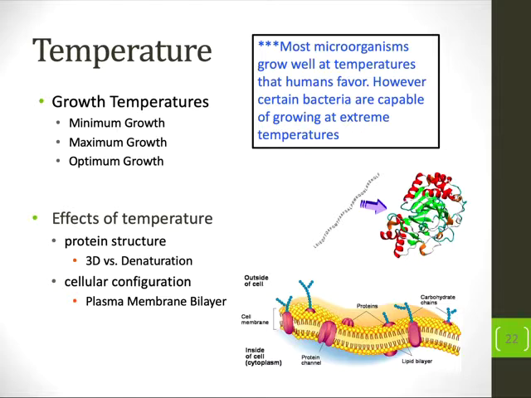Now, if temperature is too high, it denatures the 3D nature of the protein, and therefore renders the protein dysfunctional. Then you have, in terms of temperature as well, an effect of temperature on the plasma membrane. Remember, the plasma membrane has a triglycerol, so it has components of glycerol and fatty acids.